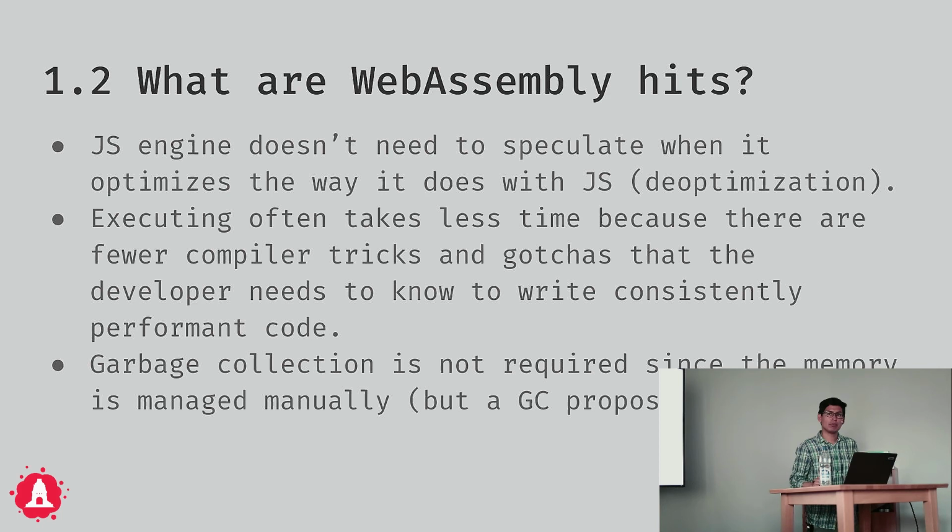The WASM engine doesn't need to make this kind of optimization, because the intermediate representation that we see in the previous slide is very structured and very strict, and also very focused on making as few optimizations as possible, and then compiling it directly.